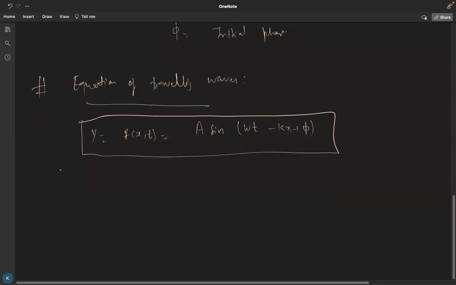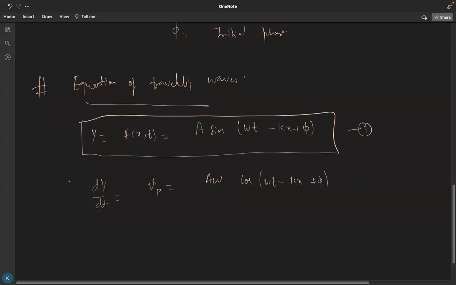Now we are going to derive other equations, like velocity of particle and acceleration of particle, from this equation. Let us assume this equation as equation number 1. Now I have to do dy by dt here, which is the velocity of the particle. When we differentiate with respect to time, we get a omega cos(omega t minus kx plus phi).